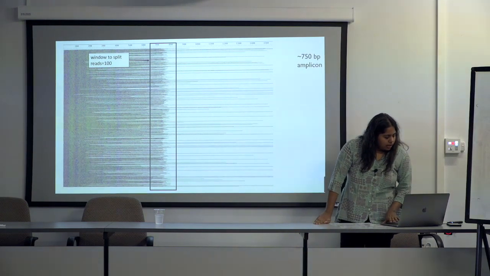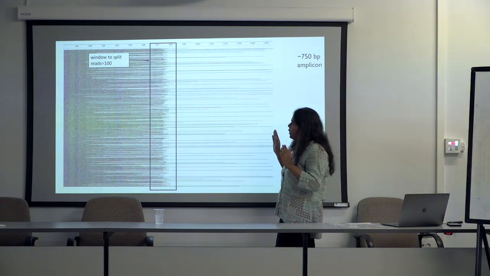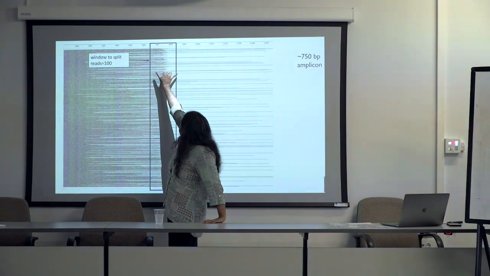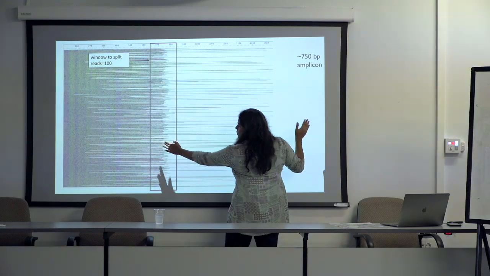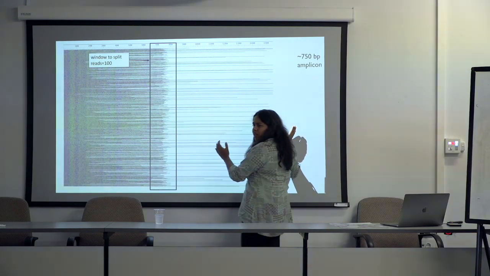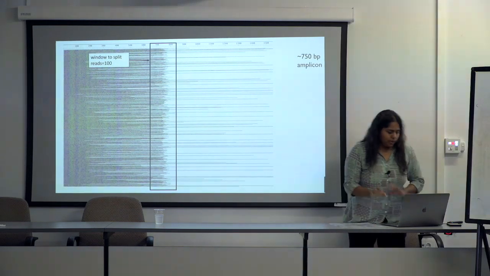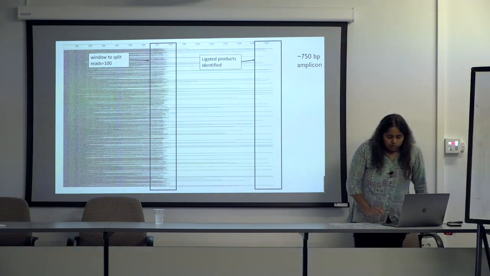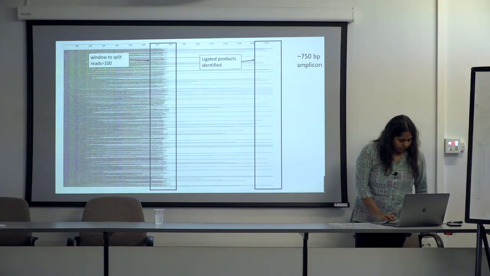And this is why we have the expected length and the windows to split the reads. This is basically looking at which region we can aim at to start assessing the second piece as well, so that we can split the molecule, start looking at the overlapping region, and search for primers there. So this is what we think might be ligated products.